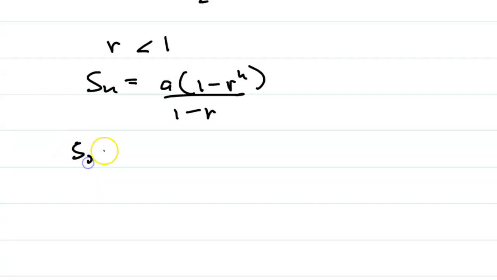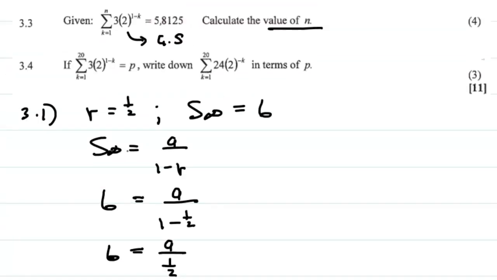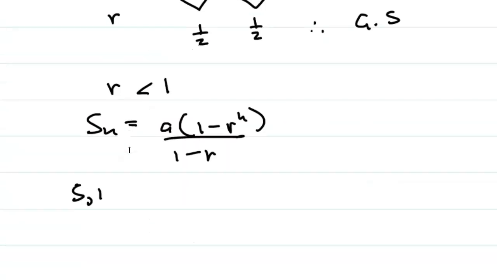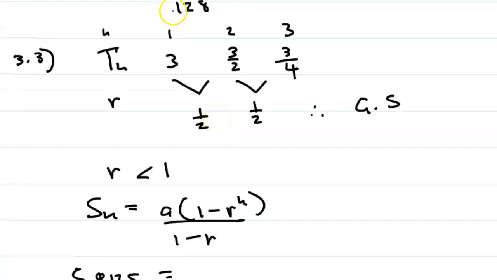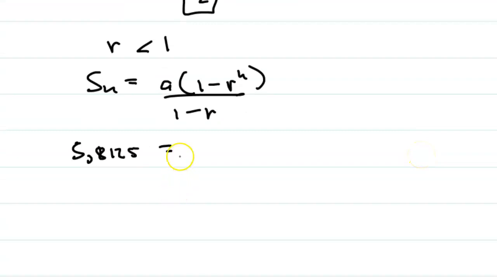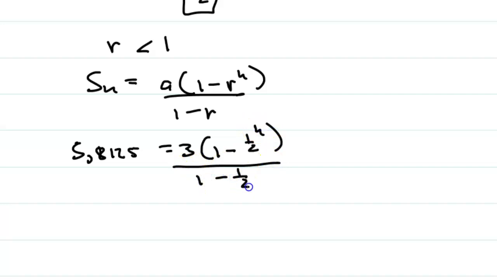So 5.8125 equals my first term. You can clearly see that 3 is the first term and the ratio is half. So we substitute 3, 1 minus half to the n, all over 1 minus half. Let us now solve for n.